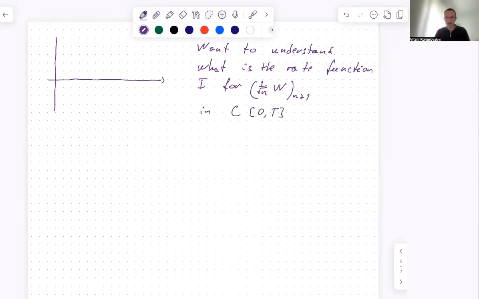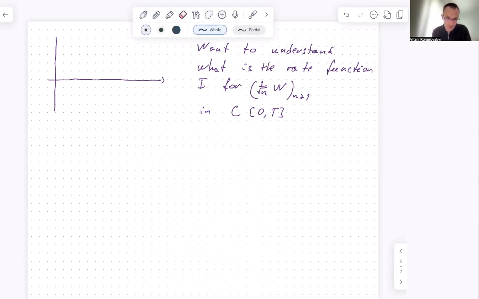Because your Brownian motion takes values in the space of continuous functions, as a map from omega to its trajectory W of omega. Therefore, your rate function should also depend on the continuous functions.